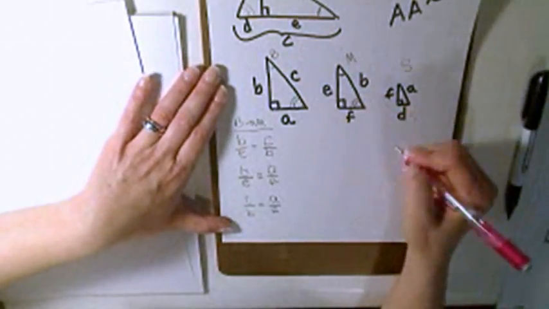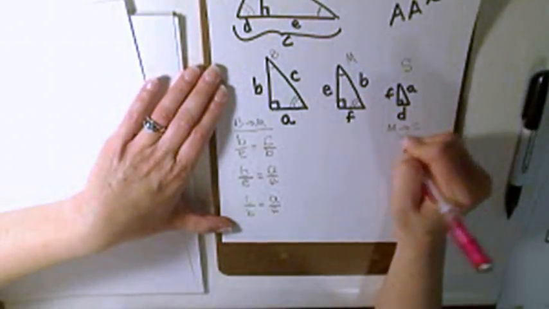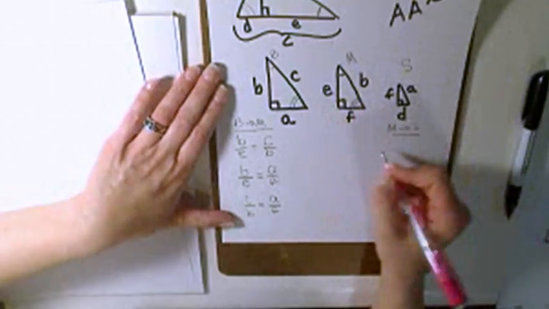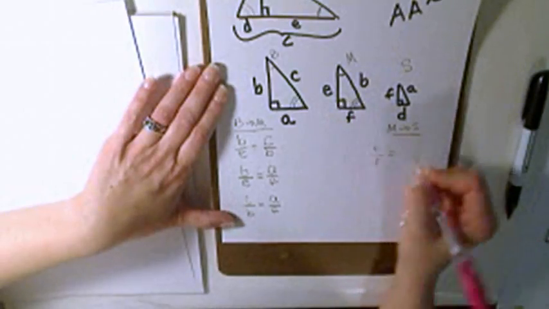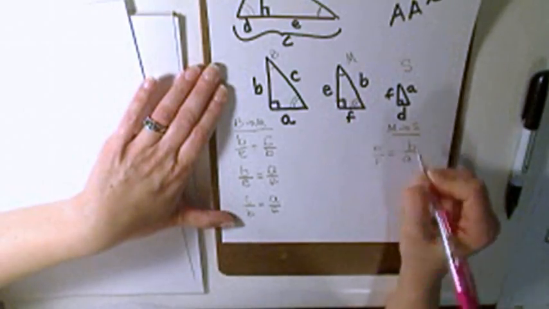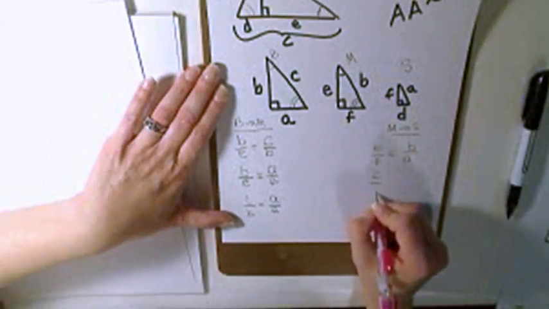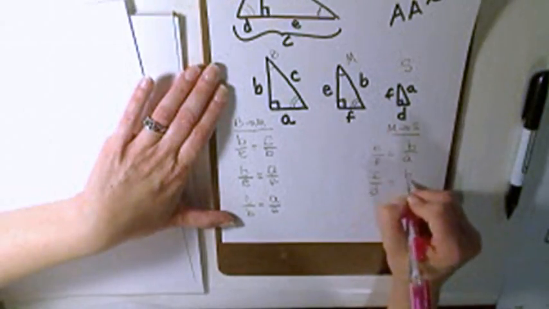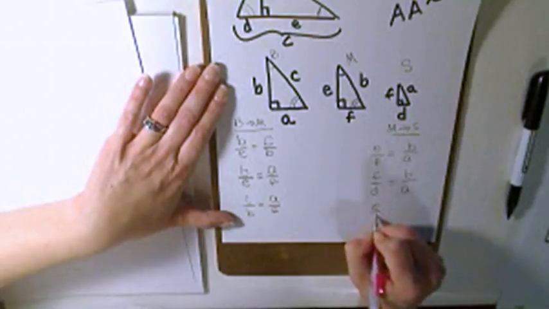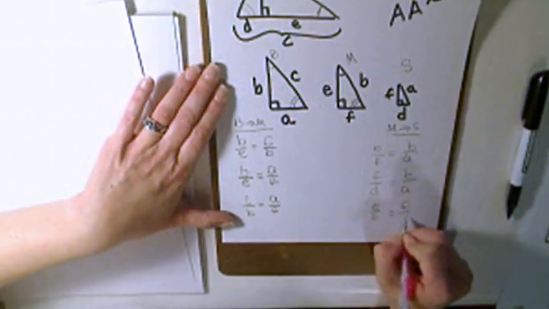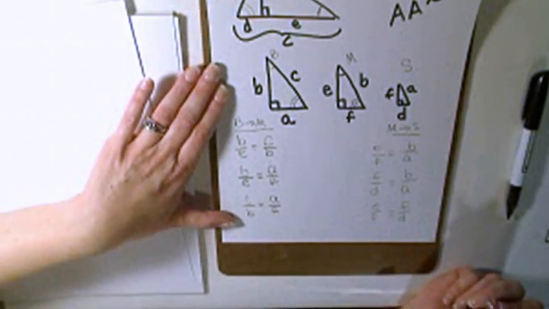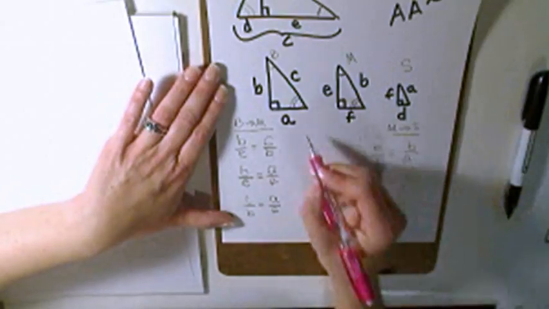Now let's go medium to small. Okay, E to F equals B to A. F to D equals B to A. E to F equals F to D. Okie dokie. Now we have to go big to small.